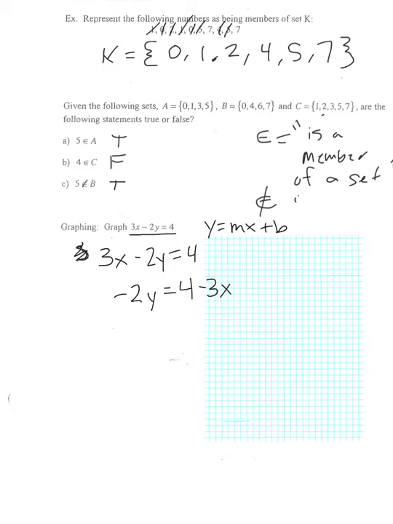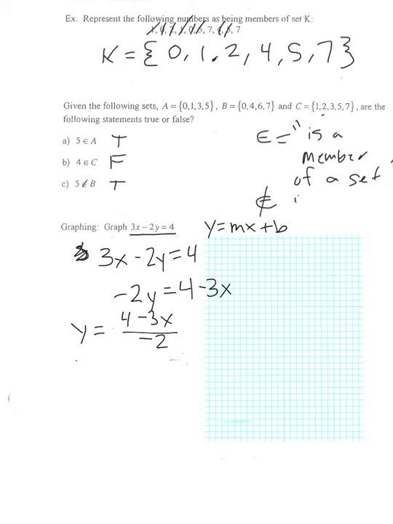There we go. And then I'm going to divide each side by -2. Now be careful when you do this because you have to divide the entire side by -2, like so. And remember that you can simplify this by dividing each of the terms on top by -2.